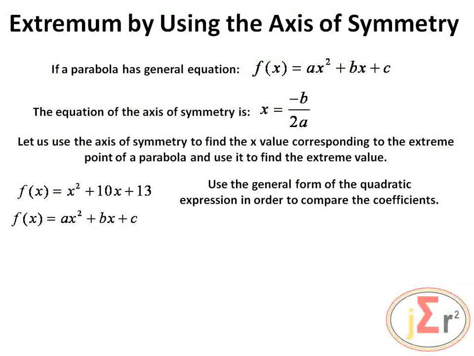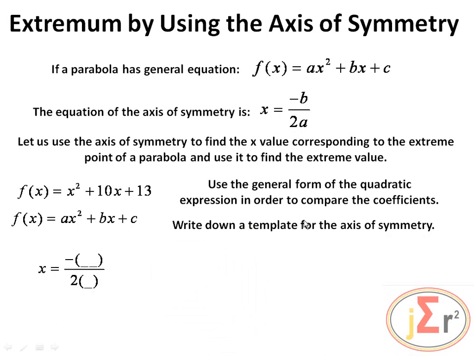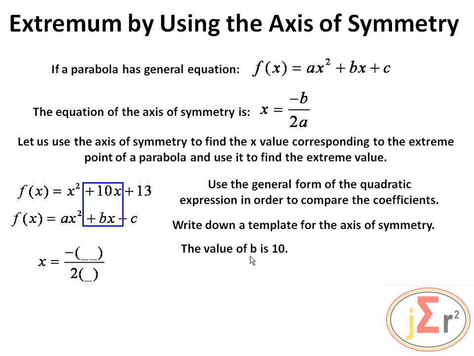There we have it. So write down a template for the axis of symmetry, which is x is equal to negative b over 2a. So the template will be x is equal to negative something over 2 times something. So x is equal to negative b, where the value of b is 10, over 2a.